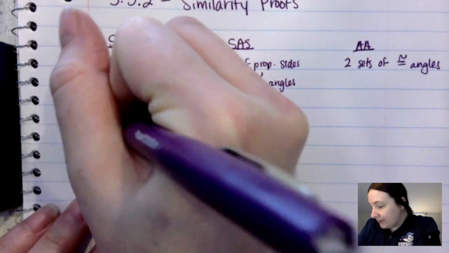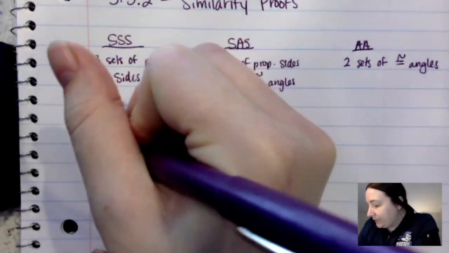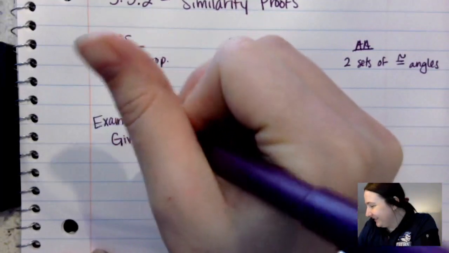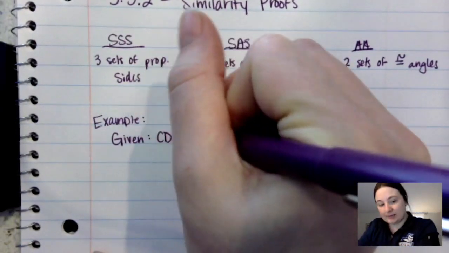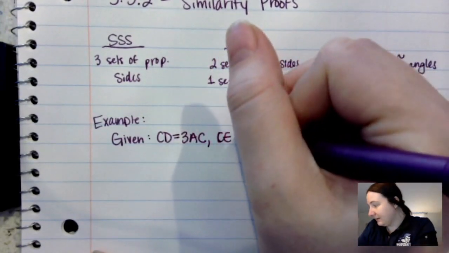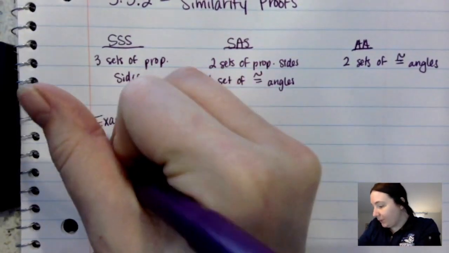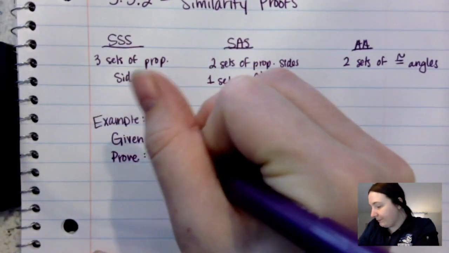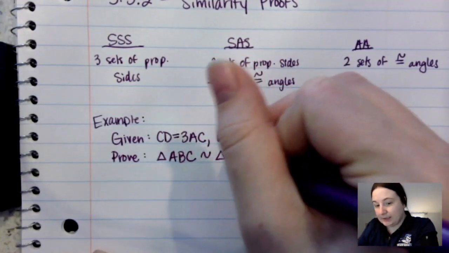So for the first example, just like with all proofs, you're going to be given some givens. So in this case, we have CD equals 3AC and CE equals 3BC. And we want to prove that triangle ABC is similar to triangle DEC.